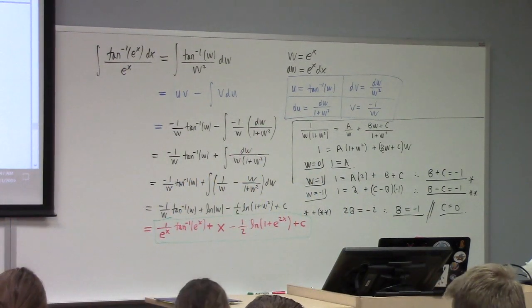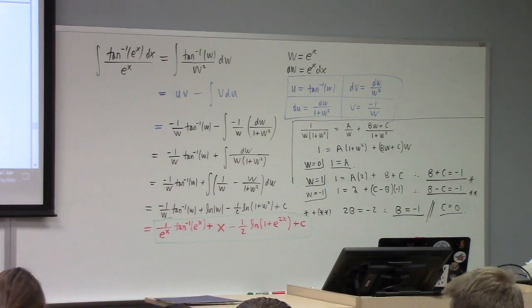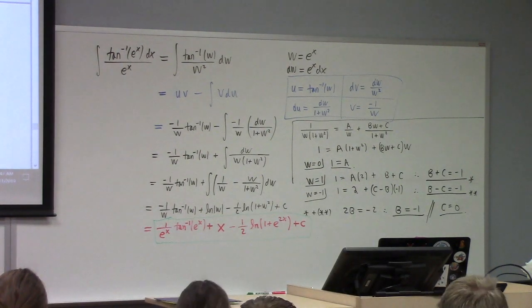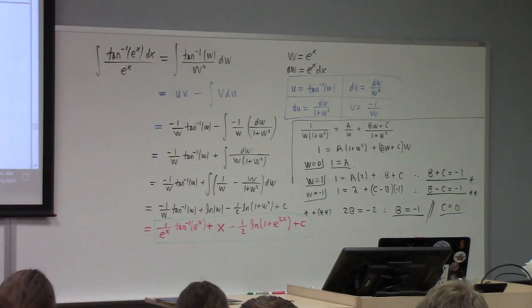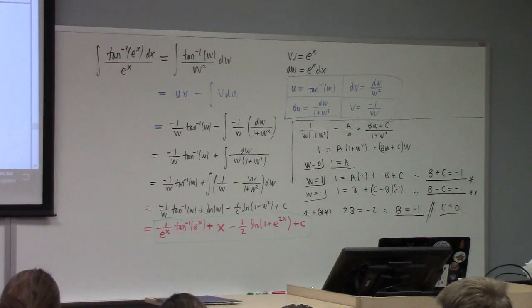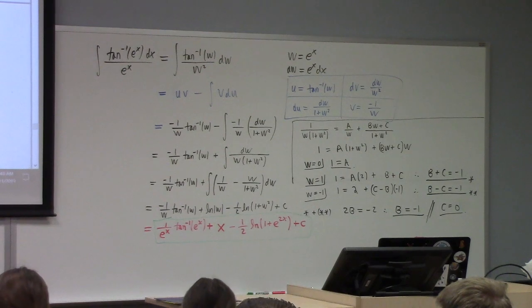If I have the integral of w dw over 1 plus w squared, I could let h equal 1 plus w squared. Then dh would be 2w dw. So this becomes the integral of 1/2 dh over h, which is 1/2 natural log of the absolute value of h plus a constant, which is 1/2 the natural log of 1 plus w squared plus a constant, which is what I did over there. It's just making a denominator substitution.